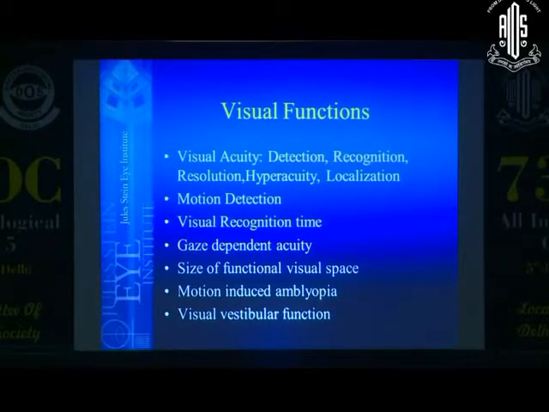What is really the size of the functional visual space? What is the size of the space or the object that he can see? And like we just discussed, the motion-induced amblyopia, which Sir just said is different from the ametropic amblyopia, and the complex visual vestibular function.